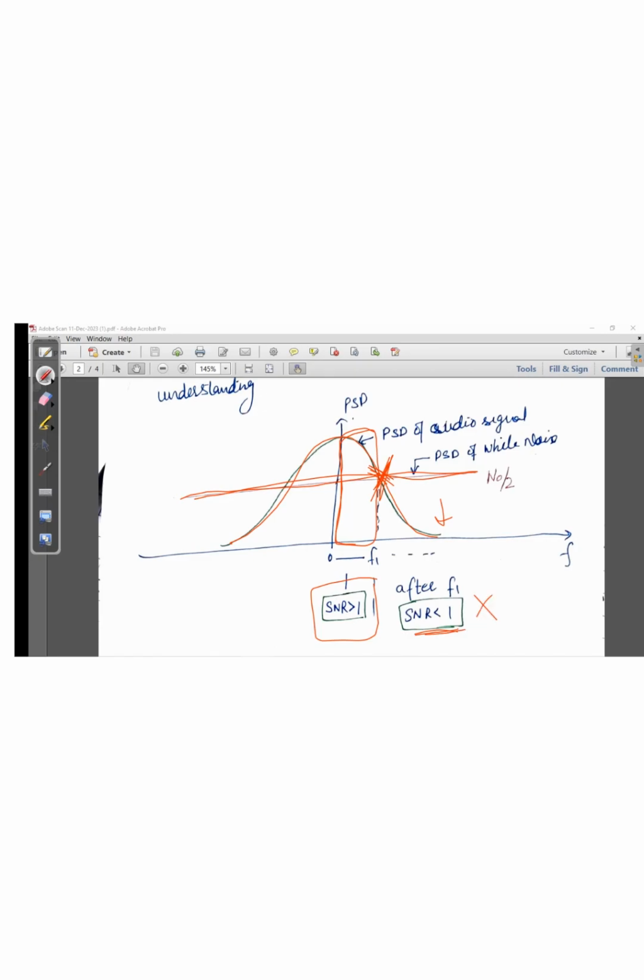To improve this, we use pre-emphasis and de-emphasis circuits. This is the concept. We should know why we are using a pre-emphasis circuit in any FM transmitter: to improve the signal to noise ratio at higher frequencies.